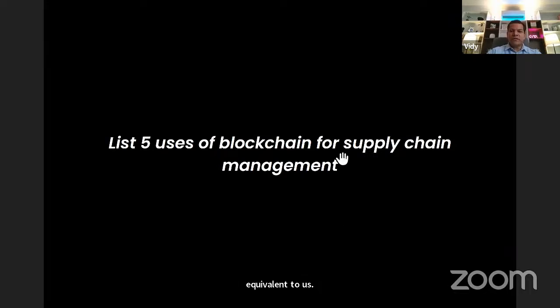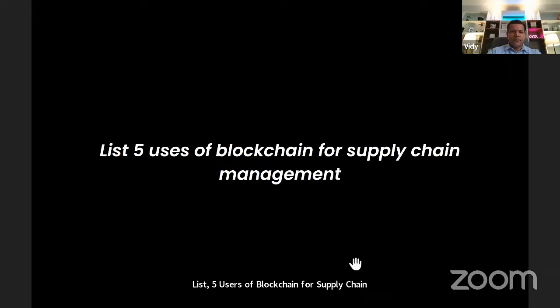List 5 uses of blockchain for supply chain management. Improve tracking and transparency, better communication and collaboration. Okay, there are two examples there. Address food safety issues, promote ethical and sustainable sourcing.